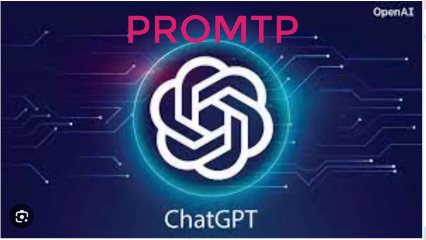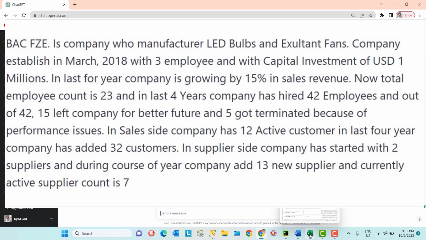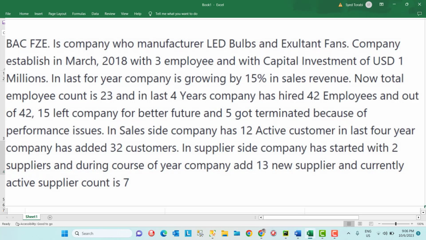Instead of asking anything, which means you can ask anything and you get anything as a reply, I decided to create very specific business information and then check how ChatGPT replies. So I created a company with some basic information.